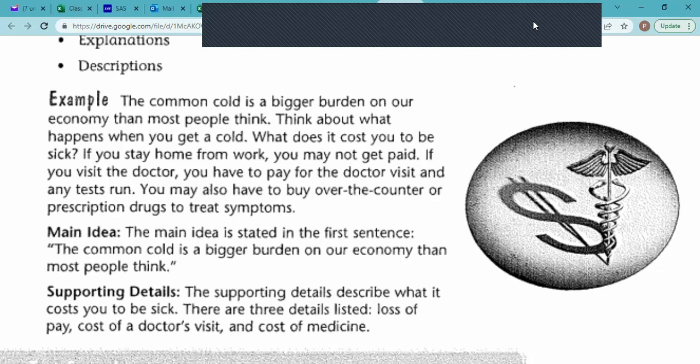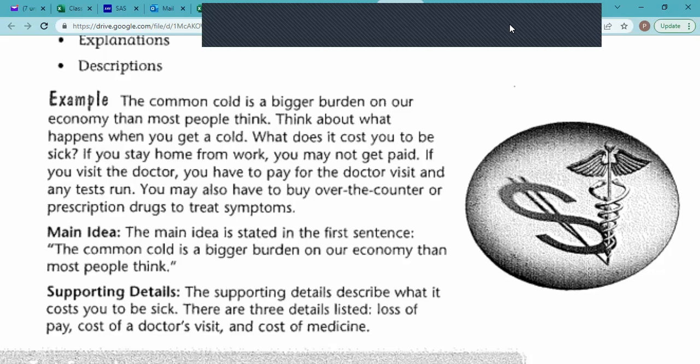And then I have to make a doctor's appointment. Can I get into the doctor's today? I'm going to have to come up with the money to pay the copay or the whole doctor's bill. So that is a burden on us, right? And then we possibly have to go to the drugstore or the pharmacy to get medications, and that might be more cost depending on if you have health insurance.